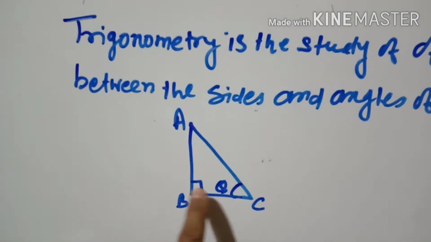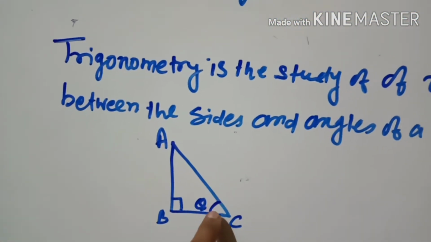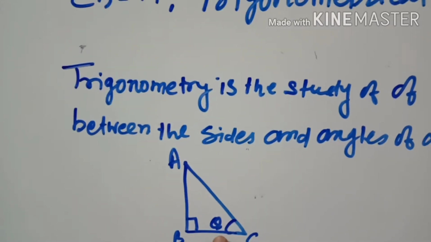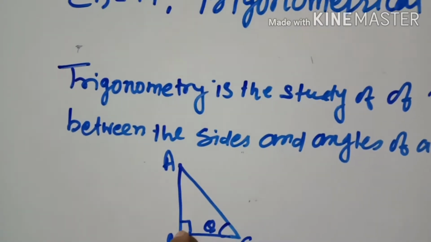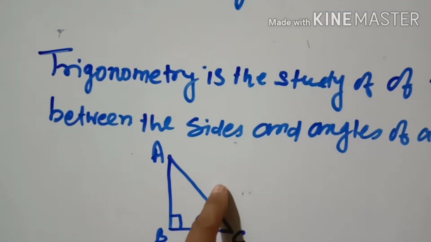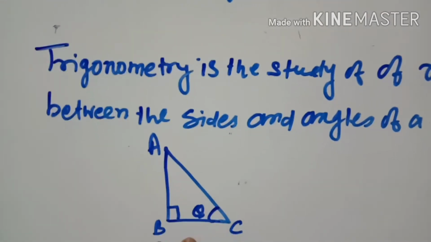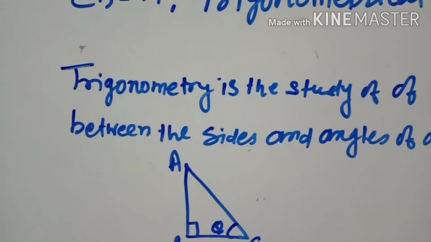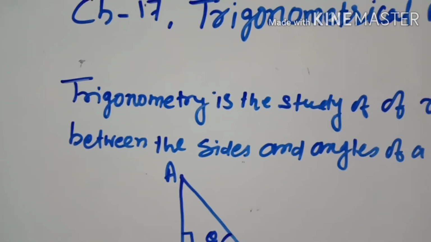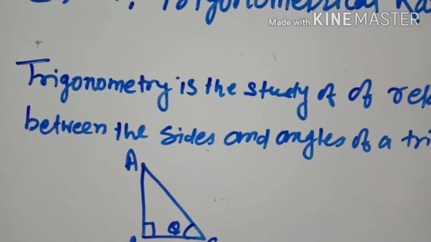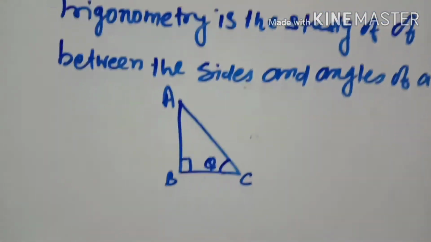So this is 90 degree and this acute angle, we imagine the angle as theta. The side opposite to the right angle is always the hypotenuse, the side opposite to theta is the perpendicular, and the part between the right angle and theta is known as the base. Write down please.